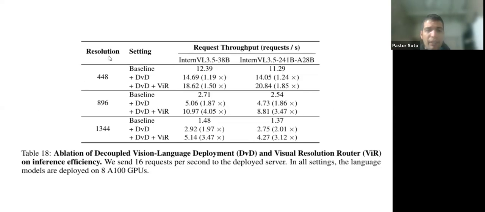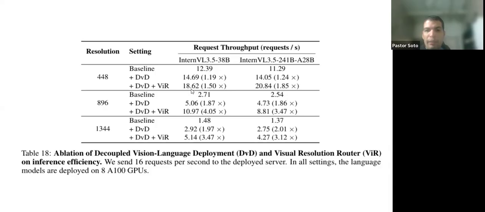And as you can see here, we have different resolutions of the image. We pass this resolution of image, or this resolution of image, and we compare with the baseline, the coupled vision and language, and also the vision resolution router. And this is the requests per second. So as you can see, we are able to get more requests per second when we use the decoupling of the vision and the language, but also with this low resolution, high resolution model.